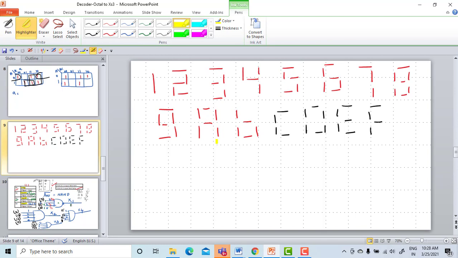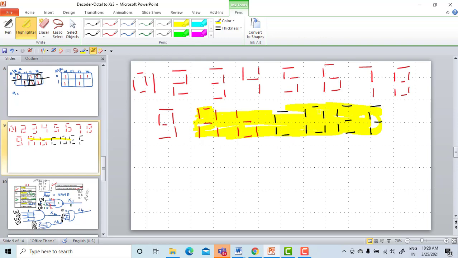Up to hexadecimal, from 0 to 15, you can display here in this single LED chip. So from A, these are all your hexadecimal numbers.